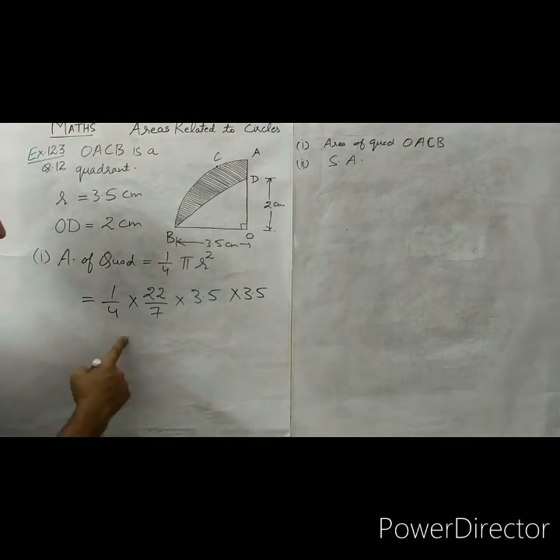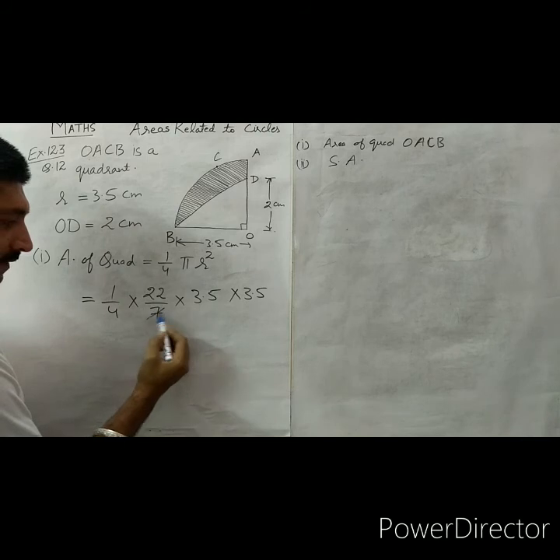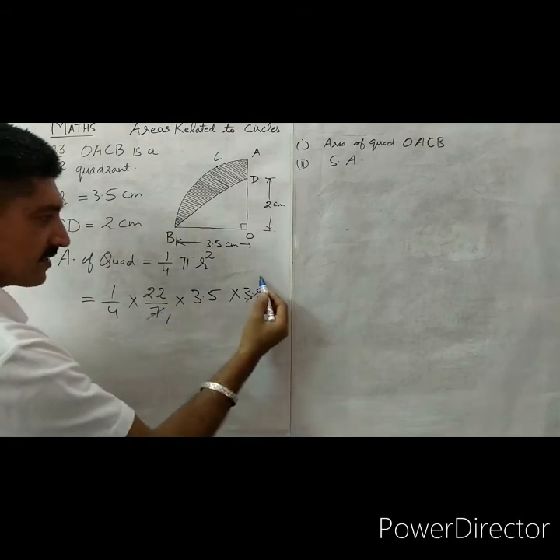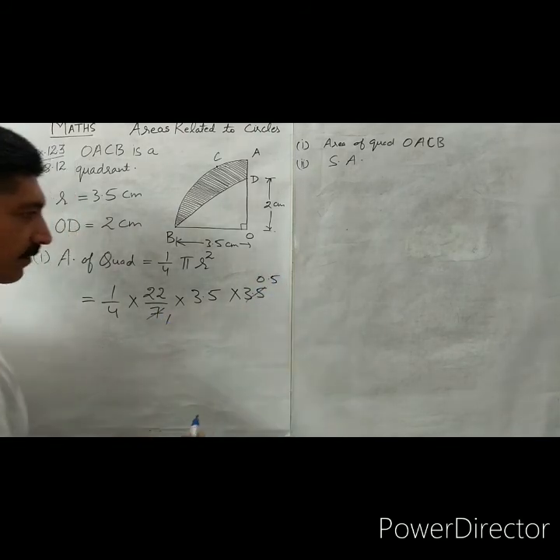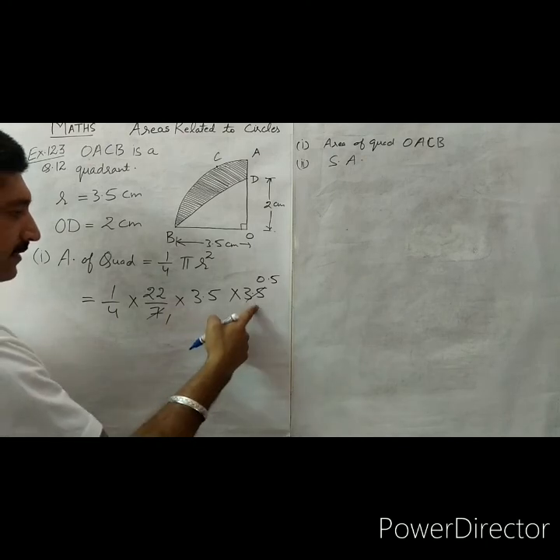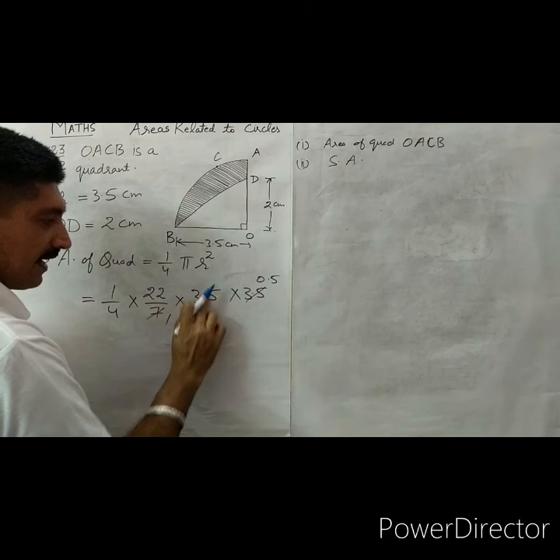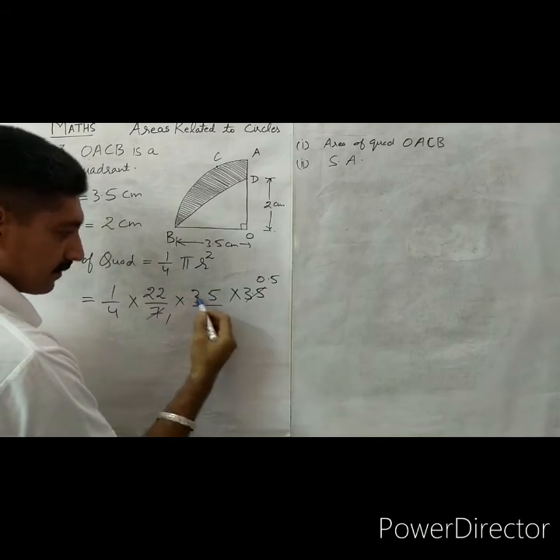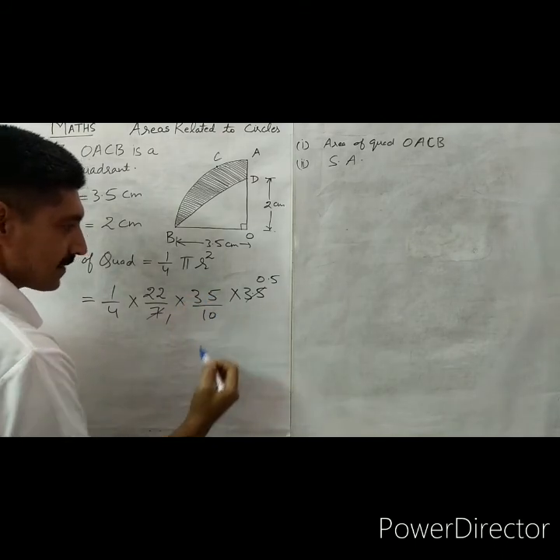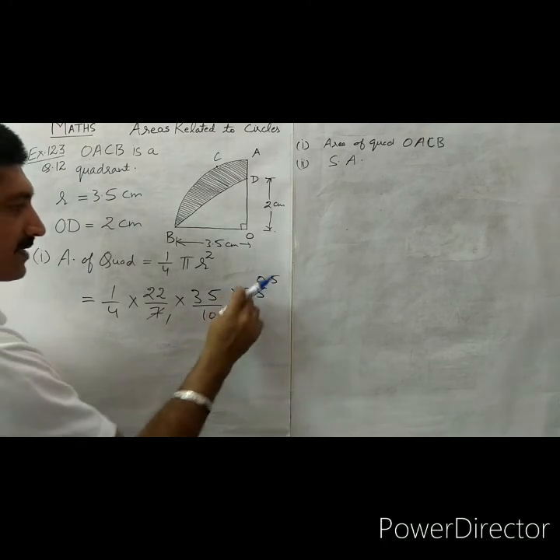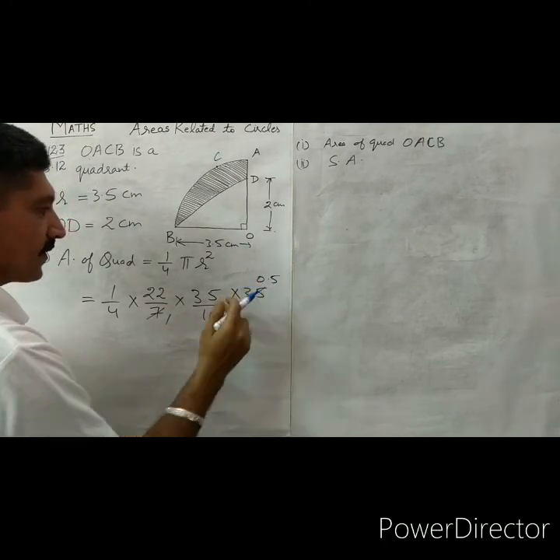So here we have 7 ones are 7 and here is 0.5, or we can write it further as 35 upon 10.